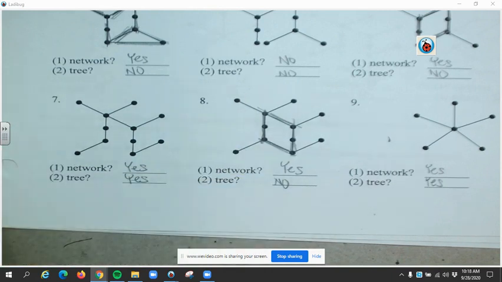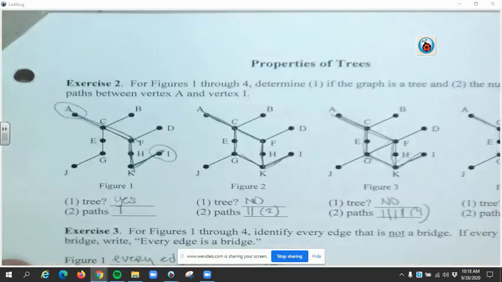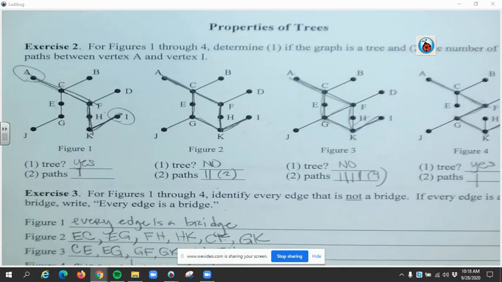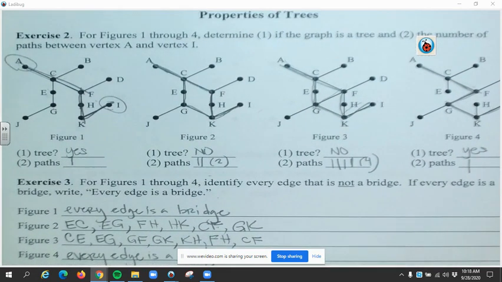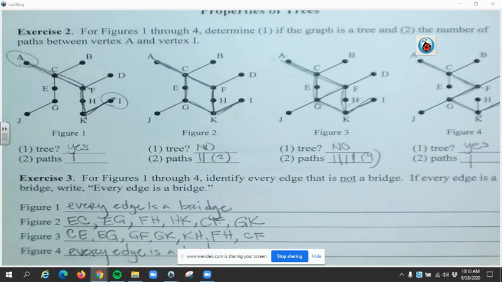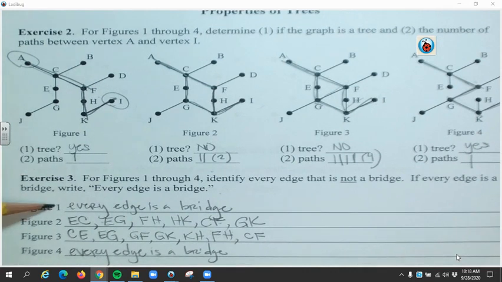Let's go over your answers from the second page. On the second page, as you notice, I'm showing you figures 1 through 4 at the bottom as well. So notice this is a tree. Every edge is a bridge.